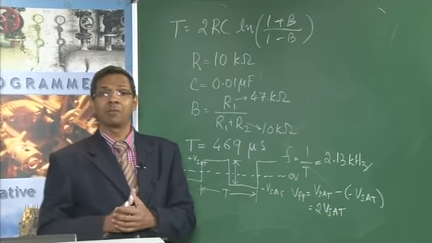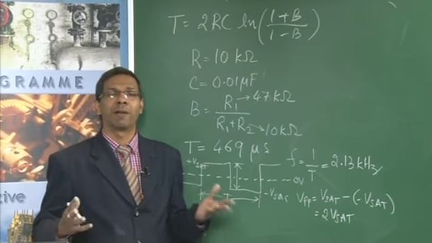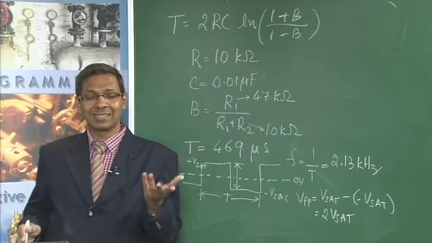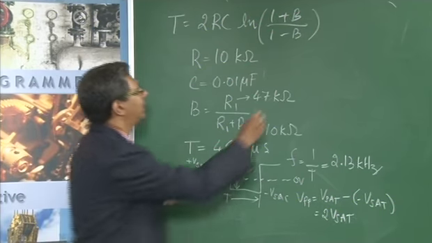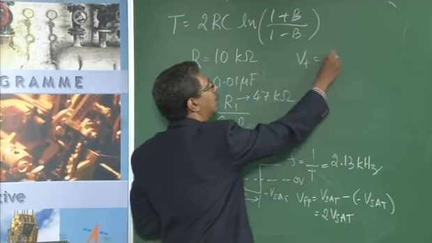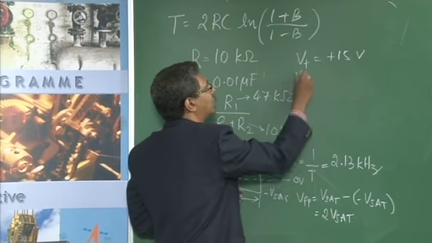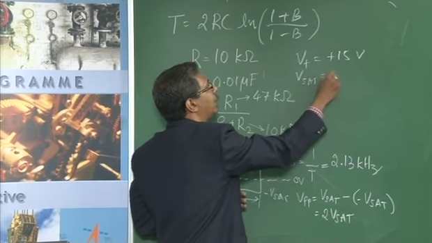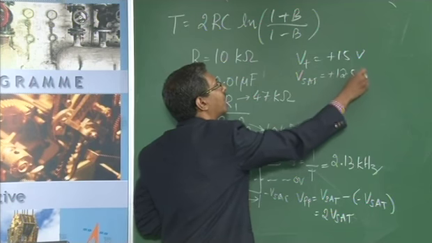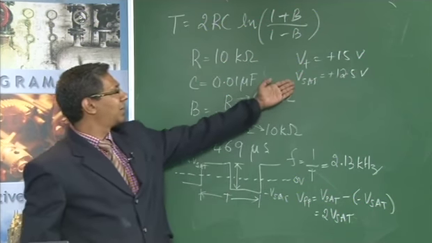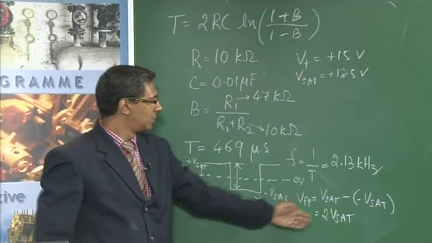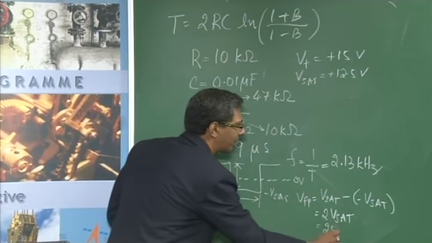The saturation voltage of this op amp is given as 12.5 volts, which is usually less than the supply voltage. Typically, if your supply voltage is plus 15, then your saturation voltage would be plus 12.5. So 2 times that becomes your 25 volts.